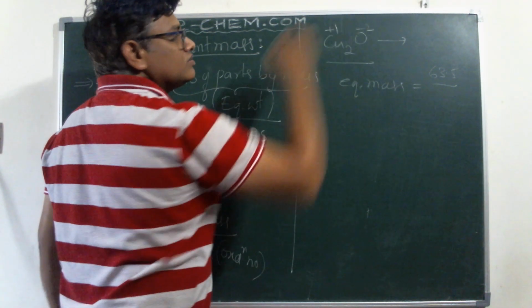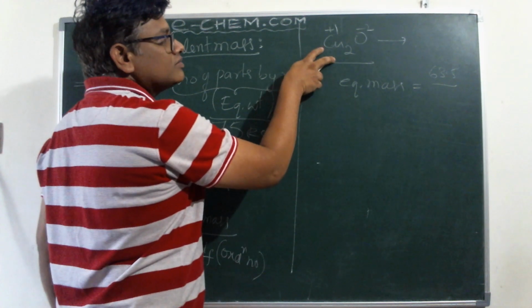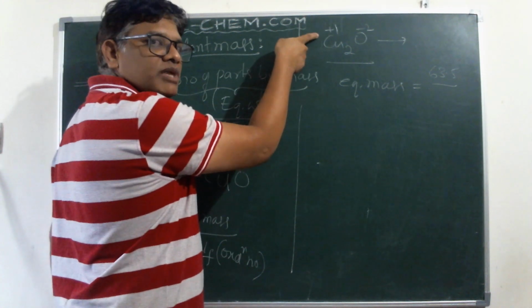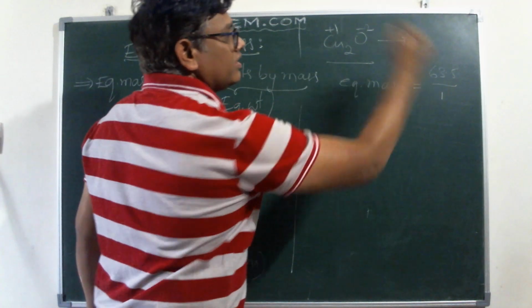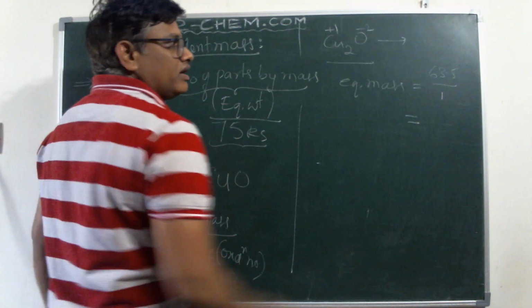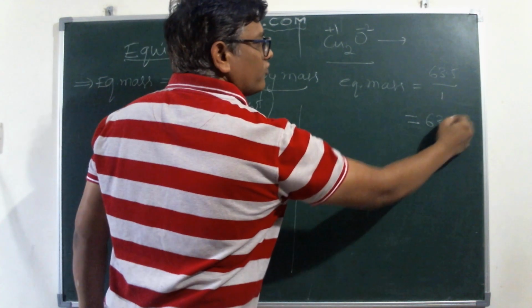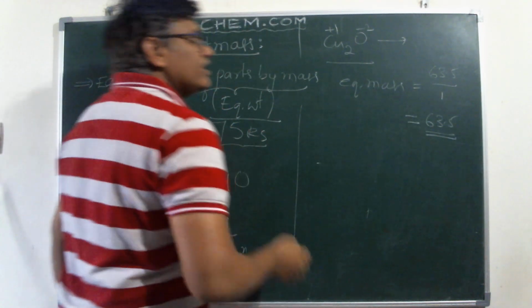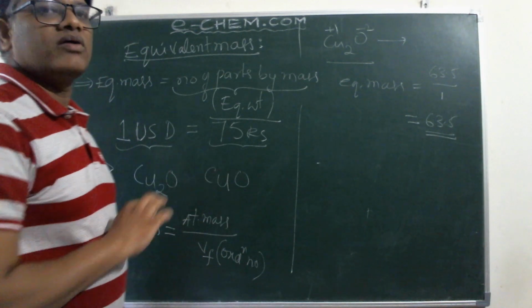Why? Because oxygen is -2 and there are 2 copper atoms, so each copper should carry +1, so I am taking the n factor as 1. So we get 63.5 as the equivalent mass of copper in this compound.